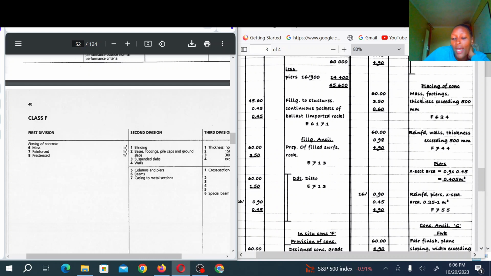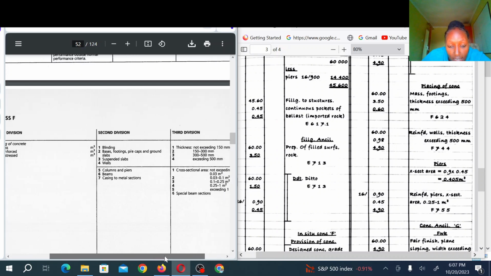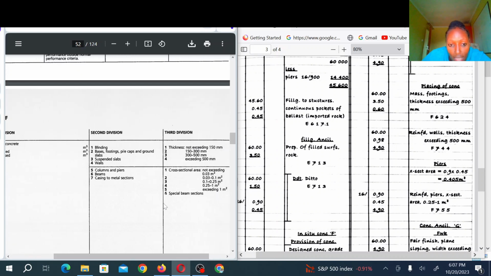So it shall be class F, mass 6 in the first division, 2 in the second, you see, these are bases, footings, pile caps, and ground slabs. That is where the foundation concrete lies. Then the thickness, because it is 600, it shall lie in the 300, exceeding 500.